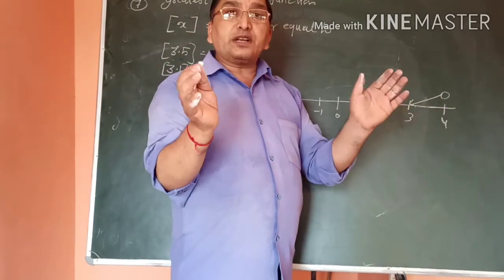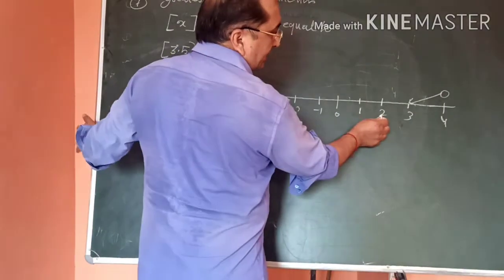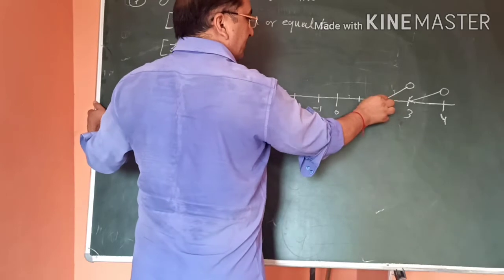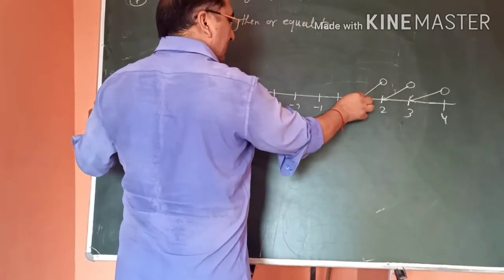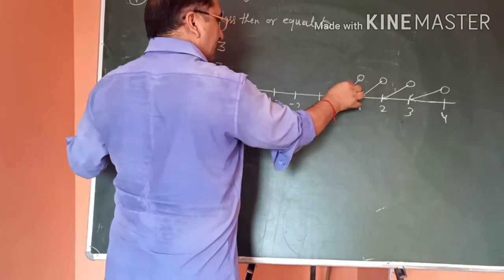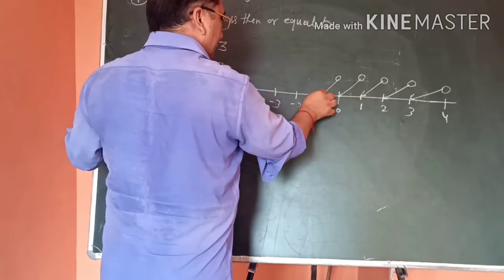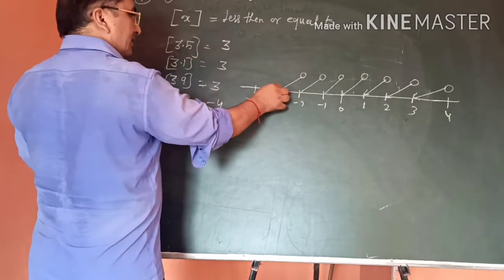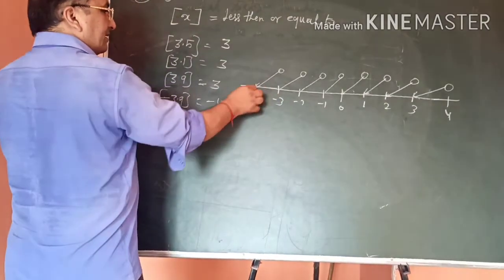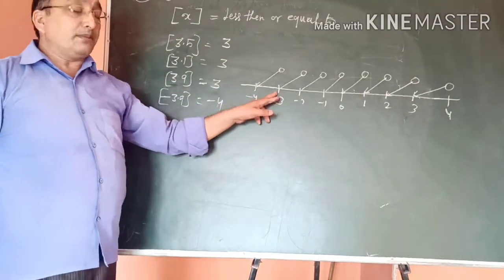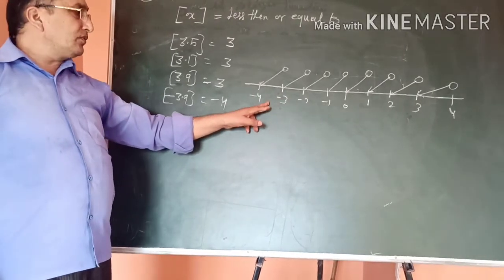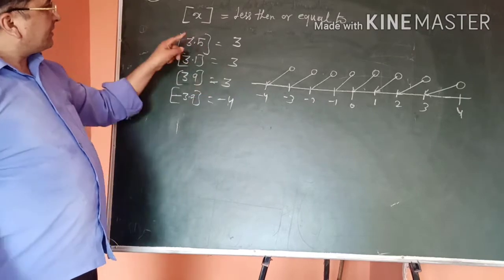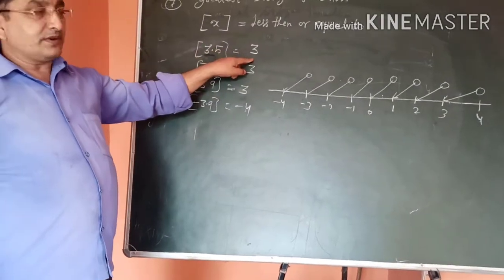Open means 4 will not be included. In the same way, 2 to 2.9, all values will come here, and in the same manner all values will come here. Similarly minus 3.1, minus 3.2, minus 3.3, all points will come to the left side, and this is known as the greatest integer function.